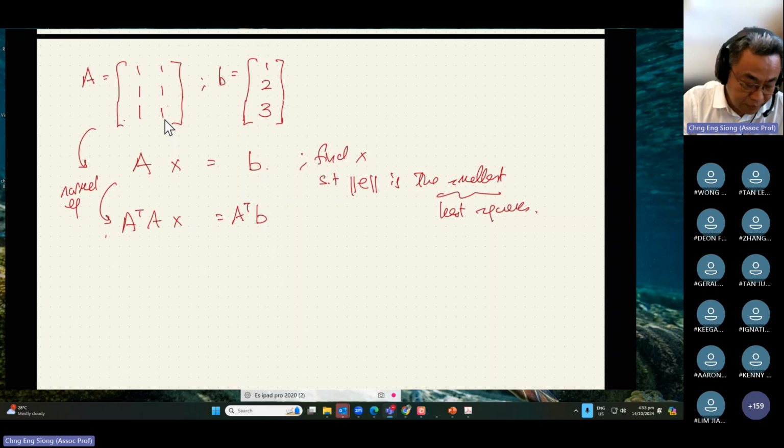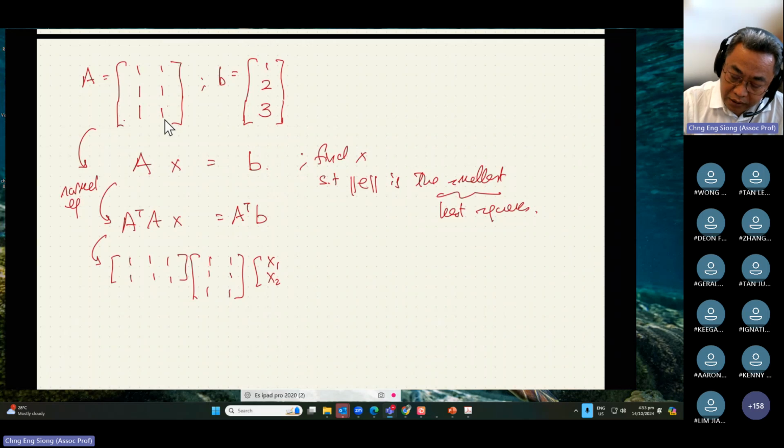All right, never mind. 1, 1, 1. 1, 1, 1. This is A transpose. 1, 1, 1, 1, 1, 1. And then we have x1, x2. And then we have 1, 1, 1, 1, 1, 1. And we have 1, 2, 3.